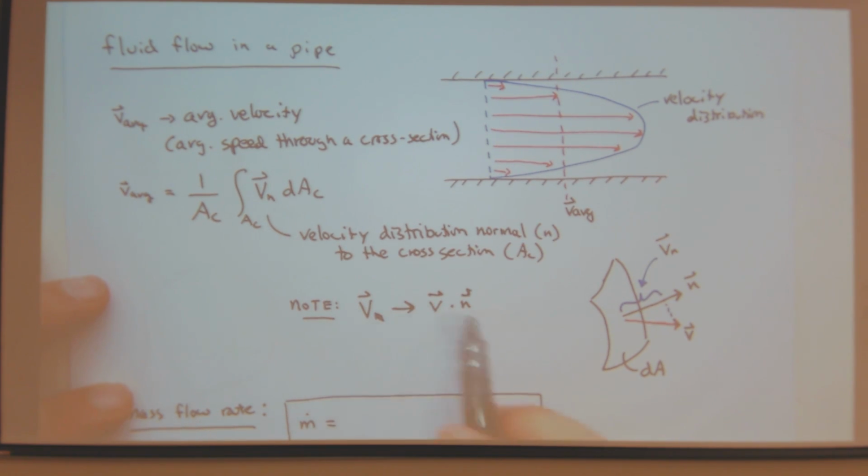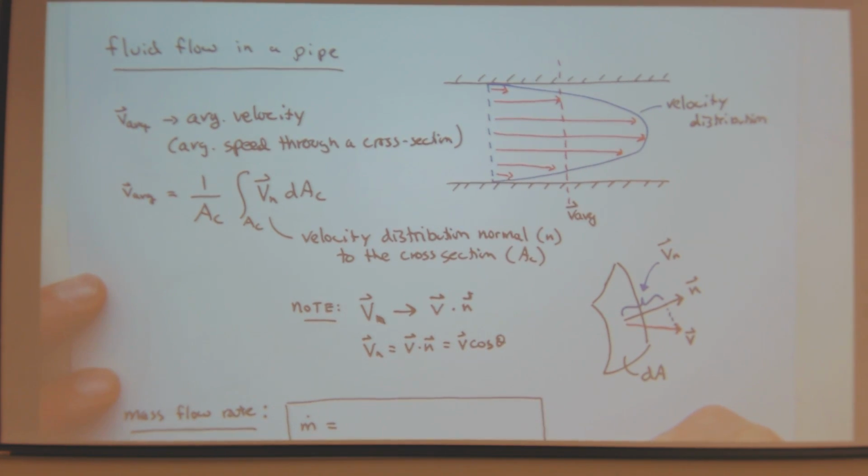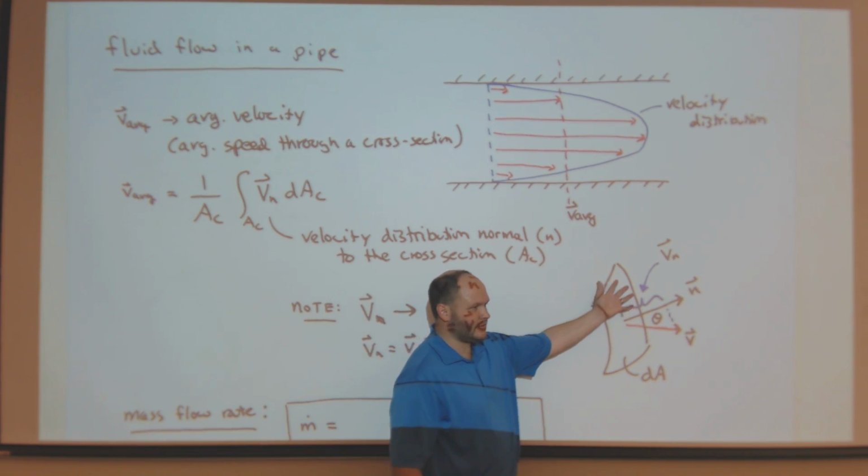So I can write this, getting rid of the dot product, if you remember, just pretty general: V_n equals V dot n, which equals the magnitude of V times cosine theta. Right, and here I have some theta. So this is just a typical way of doing it.